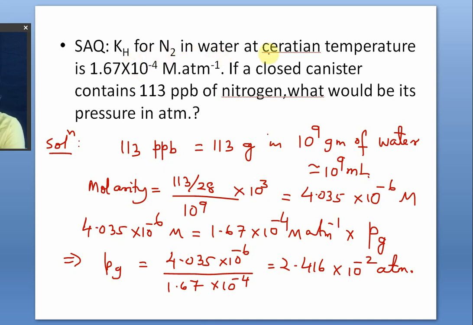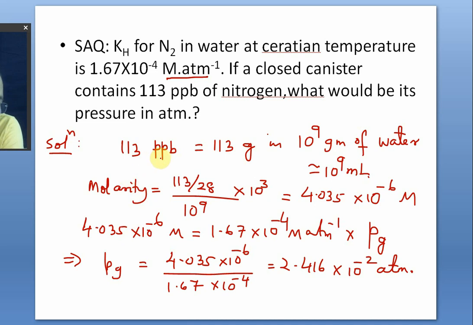KH of nitrogen in water at a certain temperature is this, moles per liter per atmosphere. So is it Raoult's law type or the reverse type? Reverse type. If a closed canister contains 113 parts per billion of nitrogen in water, what would be its pressure in atmosphere above that solution?